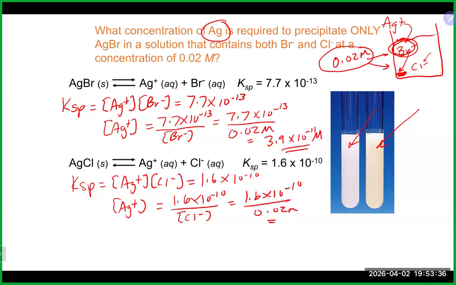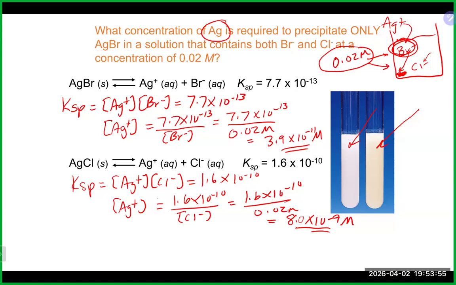That's going to get us 8 times 10 to the minus 9 molar. What does that number represent? That number represents the minimum amount of silver you need to start to see silver chloride coming out.